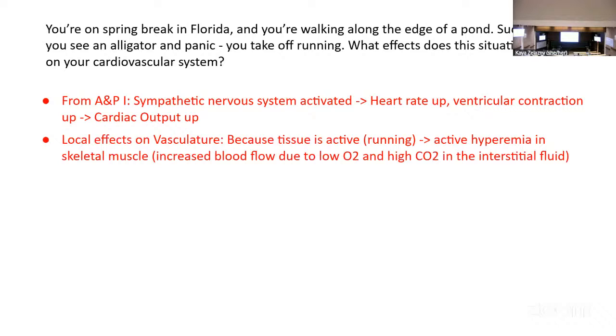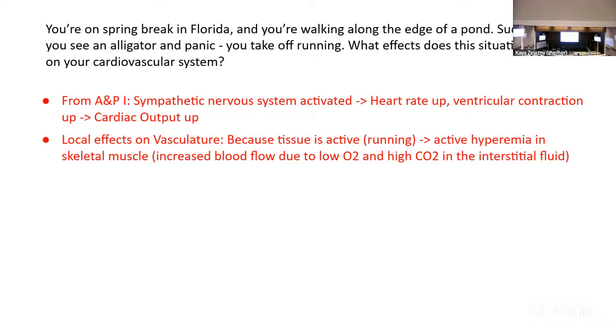And from this unit that we've been talking about, the vasculature, right, we can think about some local effects on the vasculature separate from the sympathetic nervous system. We've also talked about the sympathetic nervous system's effects on smooth muscle, but thinking about local effects that we might have kind of set back in our memory a while ago, right?